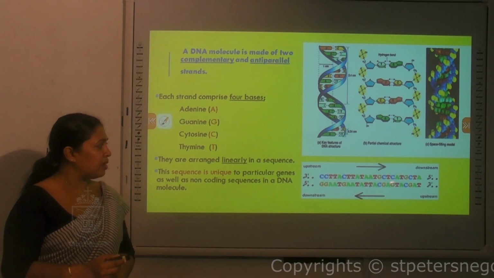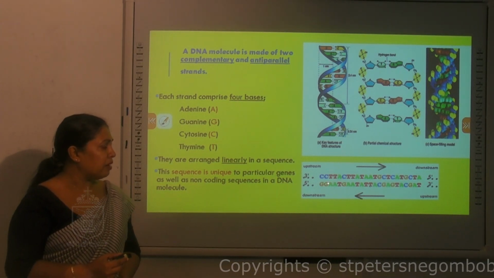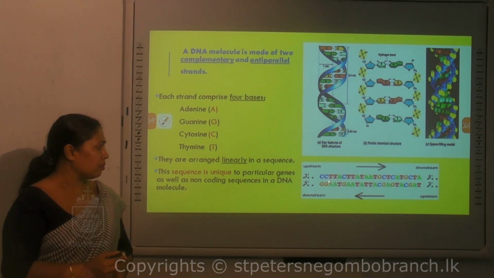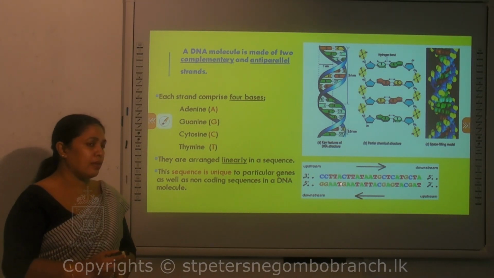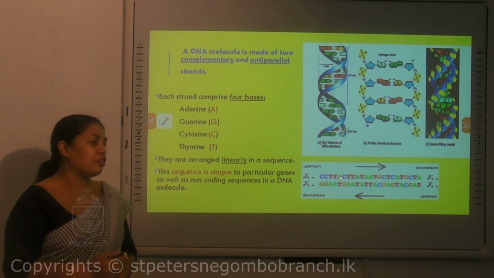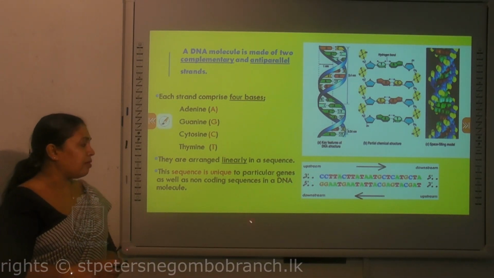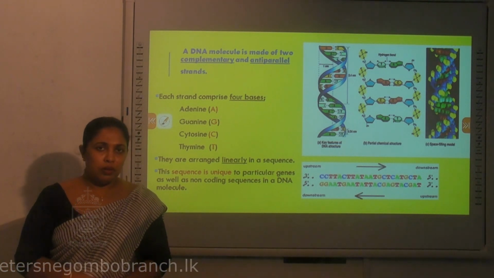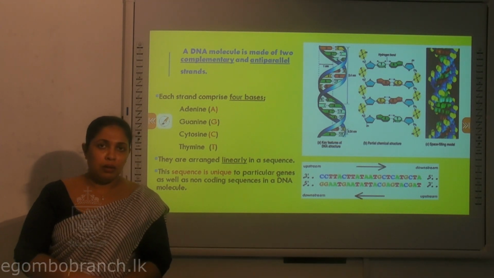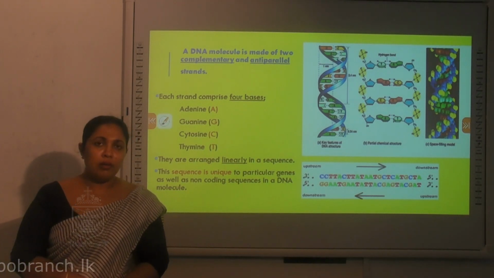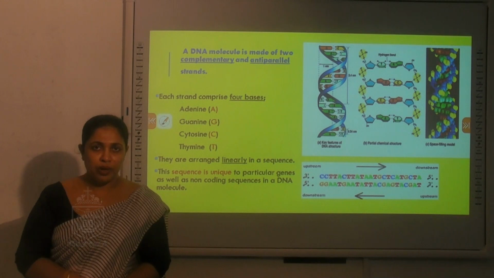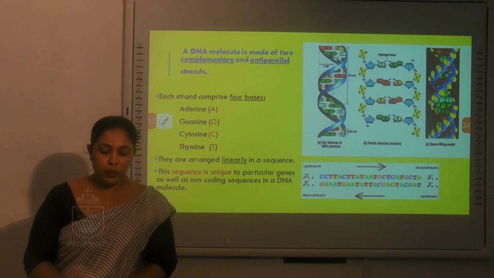The nitrogenous bases are written in an order to a particular gene. And this sequence is linearly arranged. And this sequence is unique to a DNA molecule and its genes as well as non-coding DNA sequences.